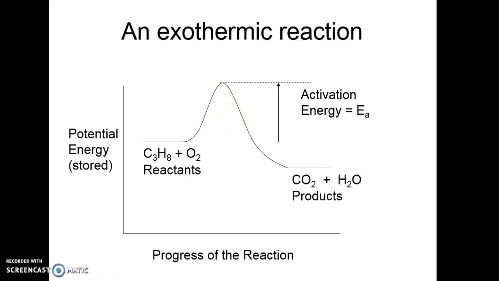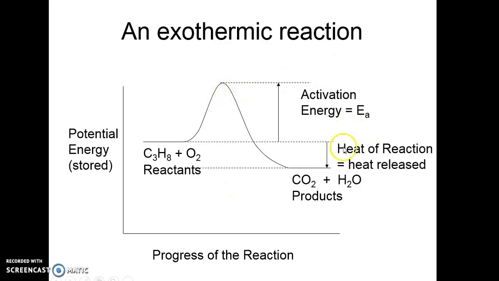And every reaction has this, and this keeps reactions from just going on completely. I mean, there's a little control in things because of the activation energy. Now, the enthalpy of reaction is actually the change in energy from the reactants to the products.